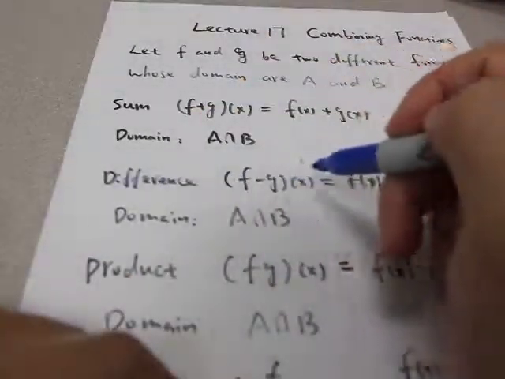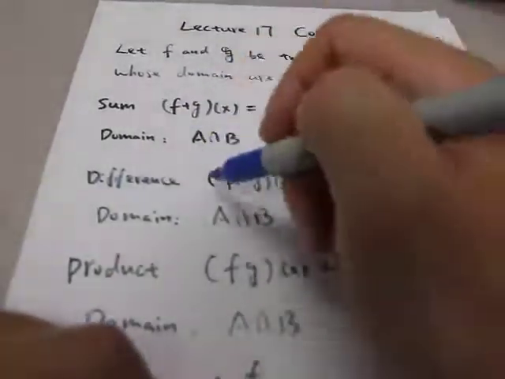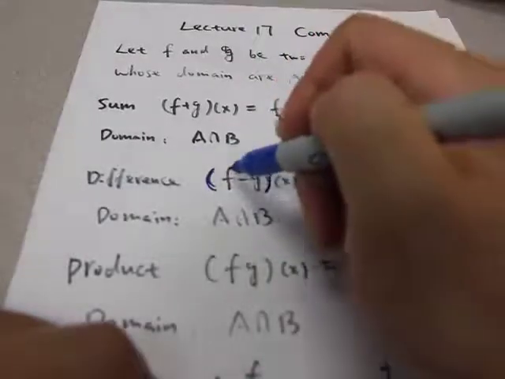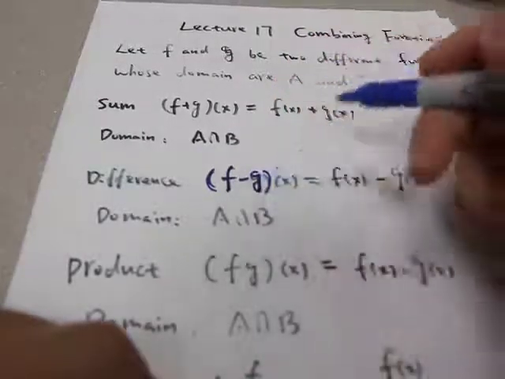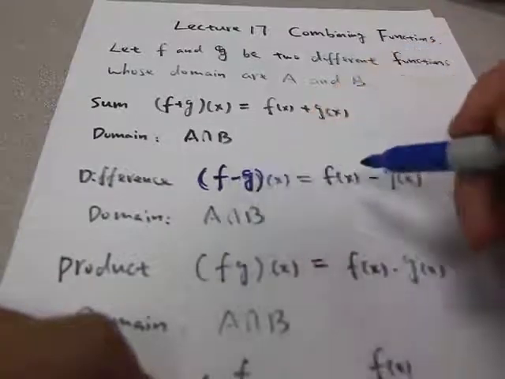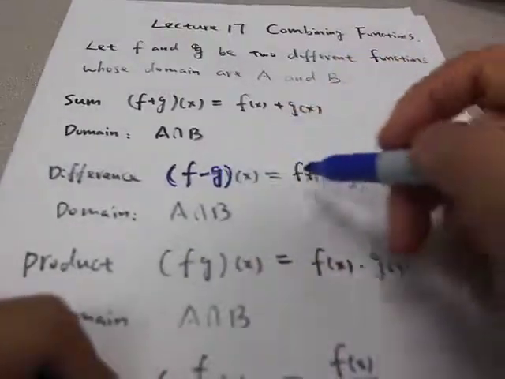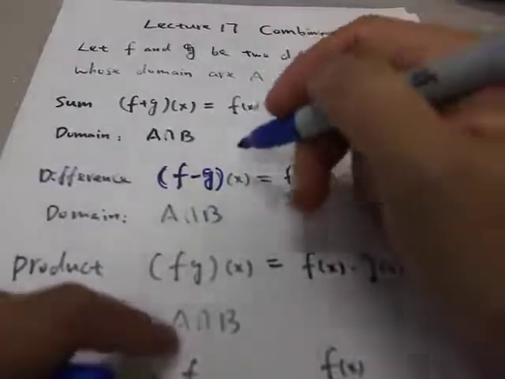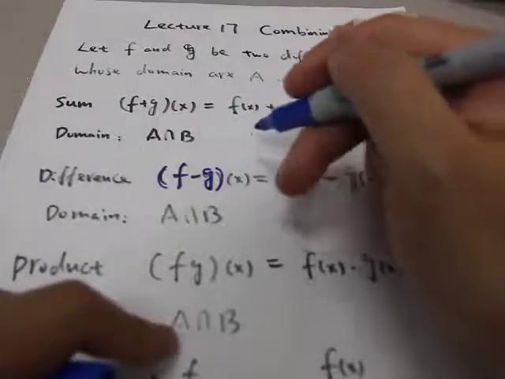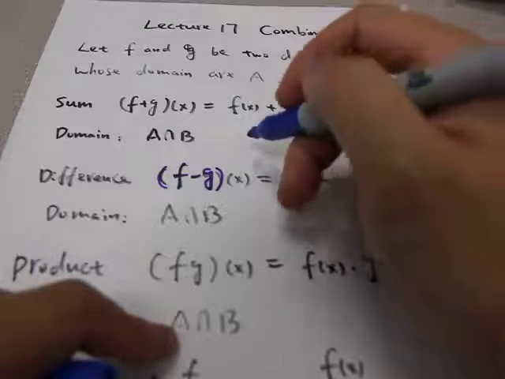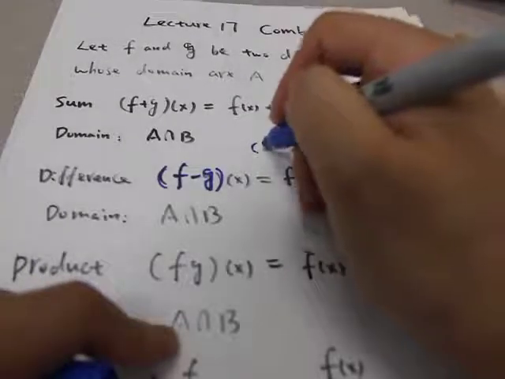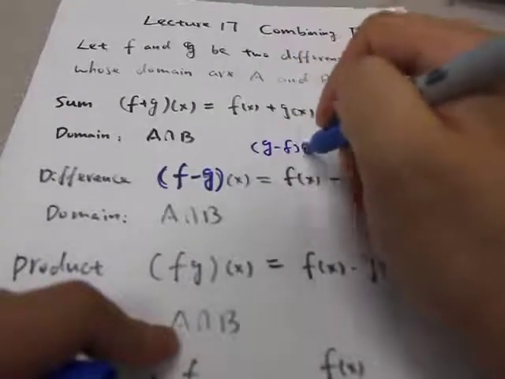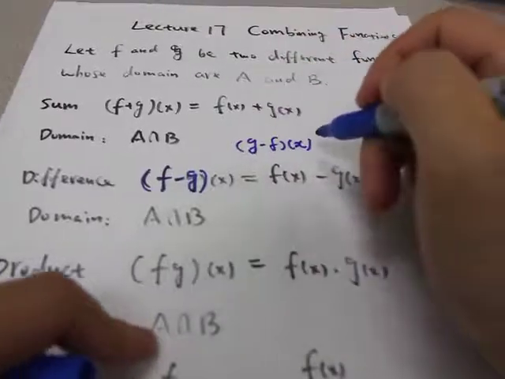And for the difference of f(x) and g(x), we use the notation (f − g). The definition is that this difference function is equal to f(x) minus g(x). Now, if we define the difference of g(x) and f(x), the function is written as (g − f).